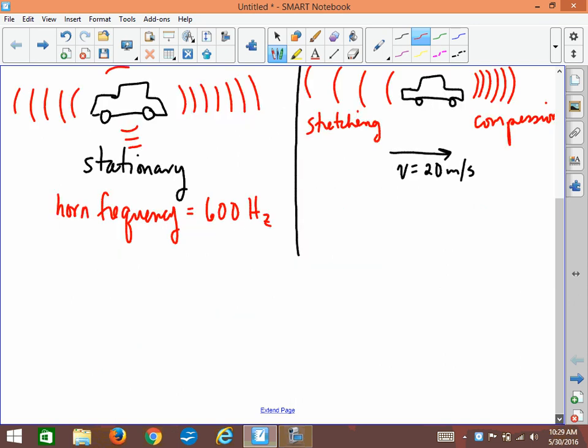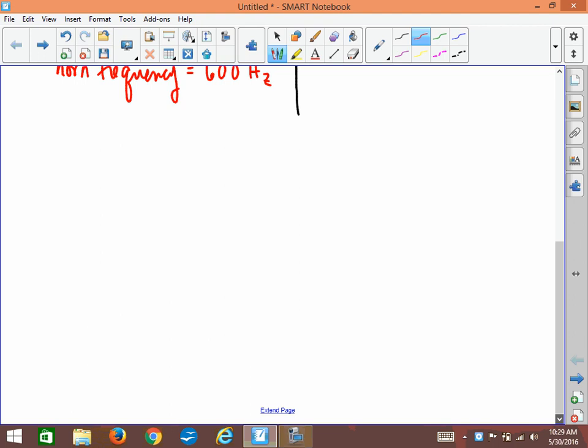So let's see what would happen then if we had a car over here moving this way at 20 meters per second, making its horn sound with a frequency. I'm going to call that frequency F naught, which would be the frequency that the car normally makes when it's standing still.